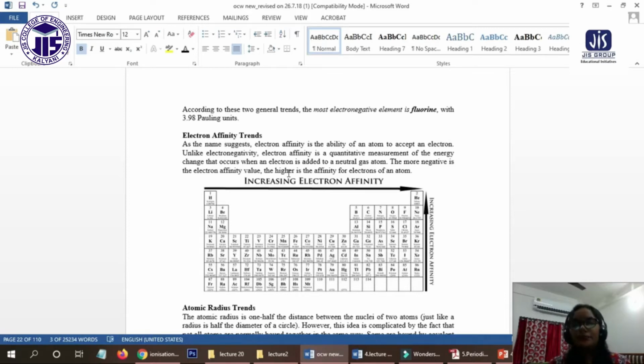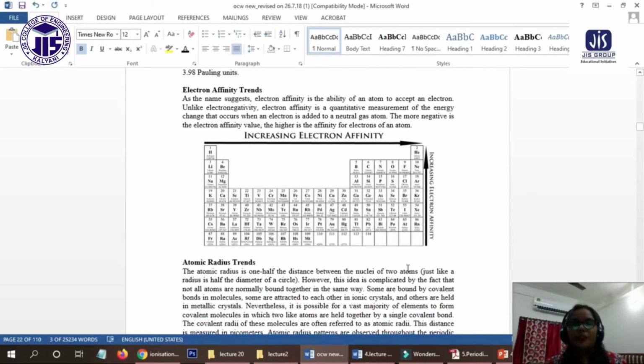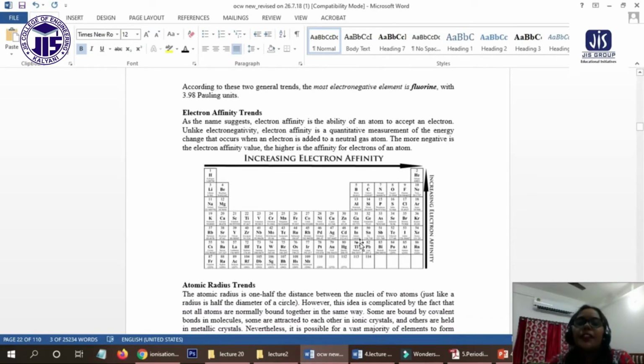Electron affinity means if we want to add one extra electron to the outer orbital of any element, the minimum energy released is called electron affinity.